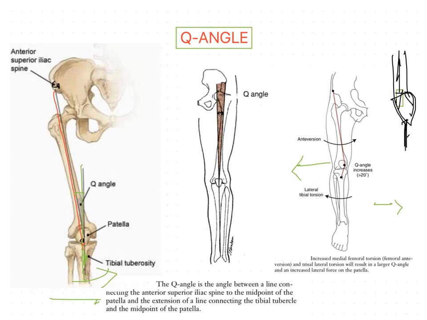If substantial imbalance exists between the vastus medialis and vastus lateralis muscles, the Q angle may underestimate the lateral force on the patella, since the actual pull of the quadriceps is no longer on the estimated line. So these are things we also have to consider.